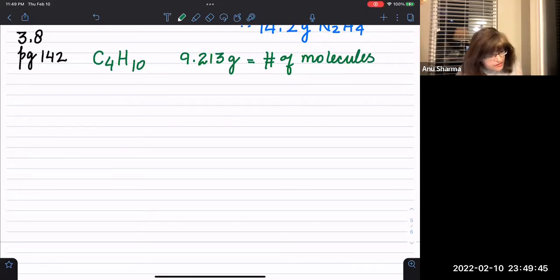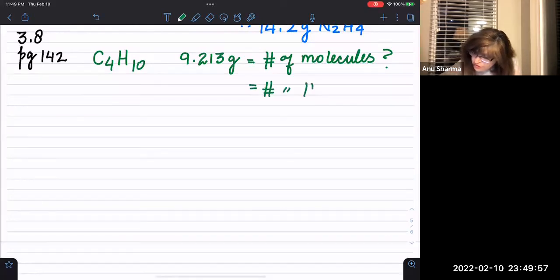How many molecules are there in 9.213 grams? That's something you need to find. Next is how many hydrogen atoms are there.